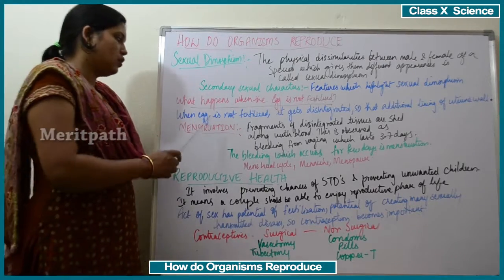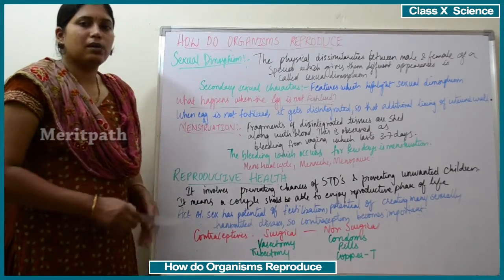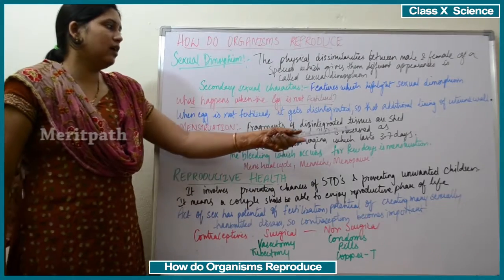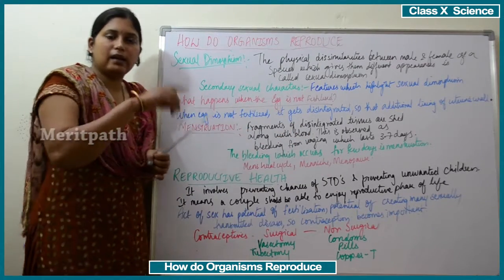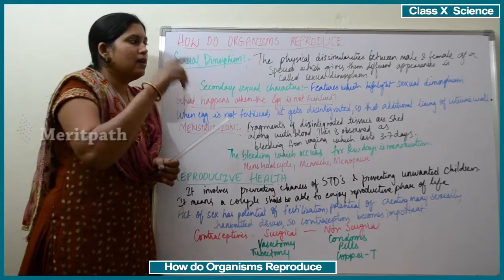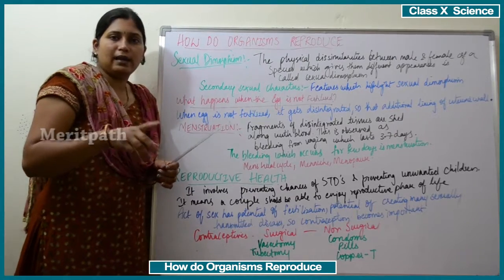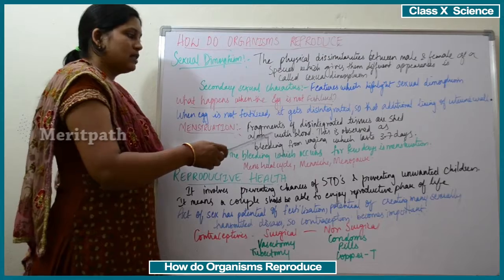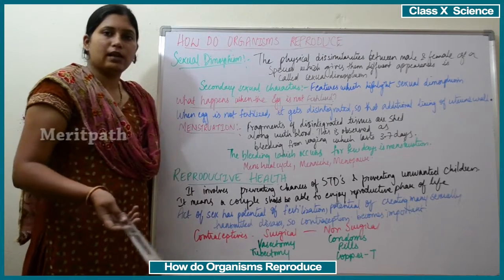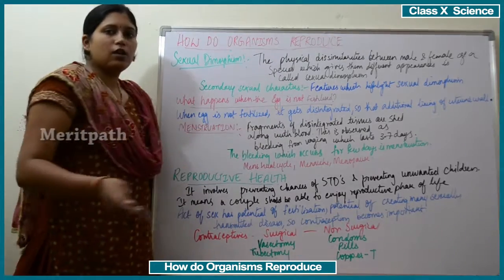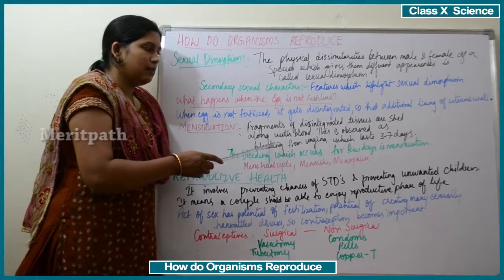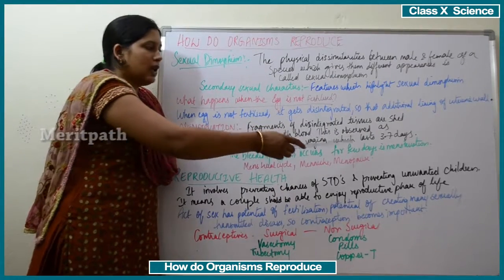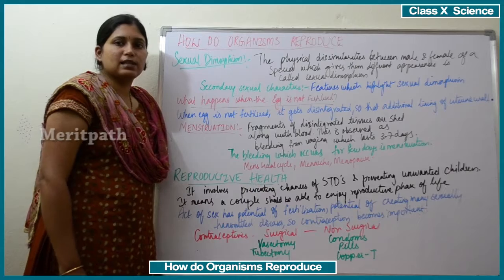That is known as menstruation. Menstruation means the fragments of the disintegrated egg and the disintegrated uterine wall lining, along with blood, come outside of the body. This is observed as bleeding from the vagina, which lasts for about 3 to 7 days.